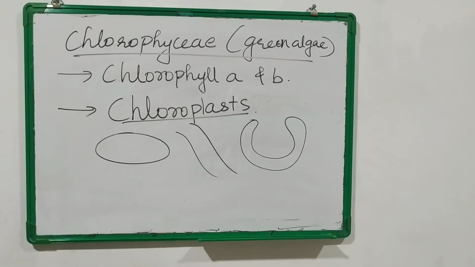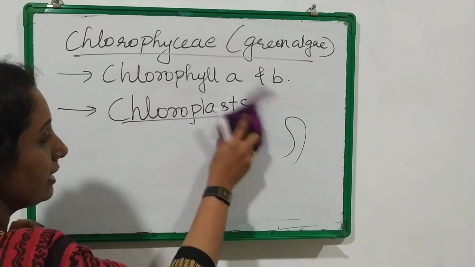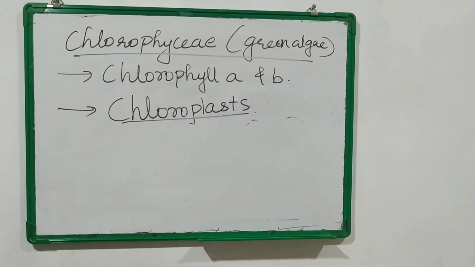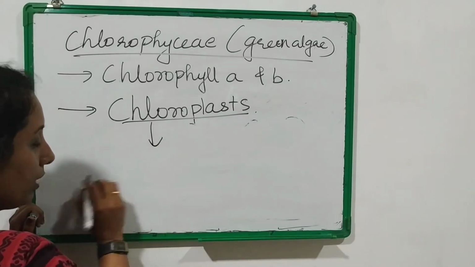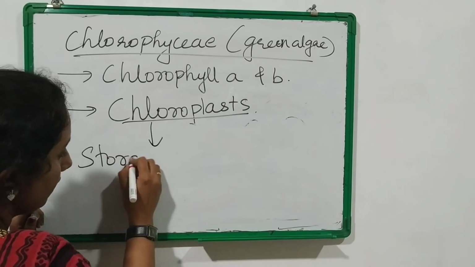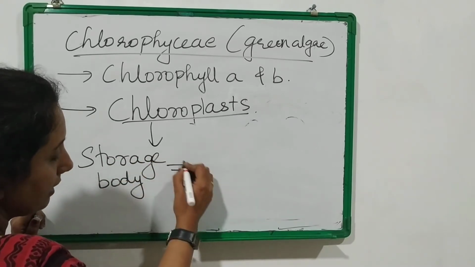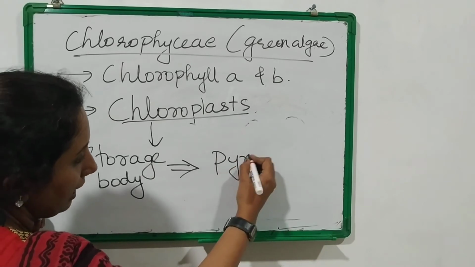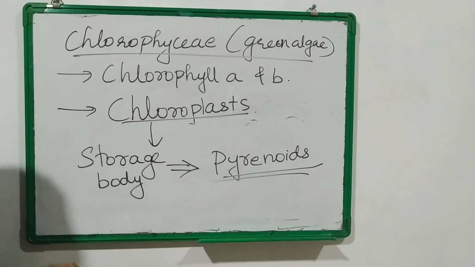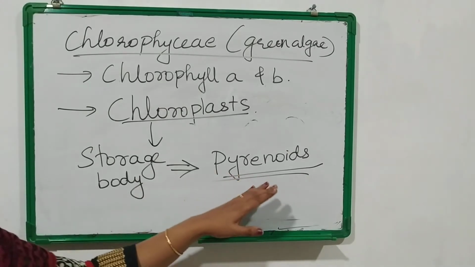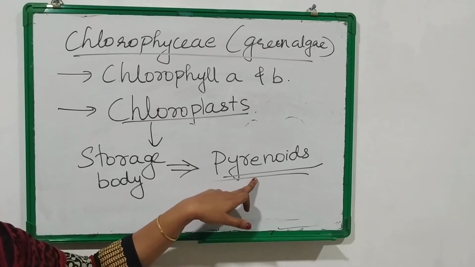An important structure present inside the chloroplast is the pyrenoid. For the purpose of storage, certain structures are present inside the chloroplast, and these are known as pyrenoids.